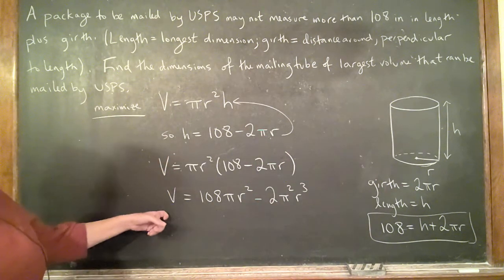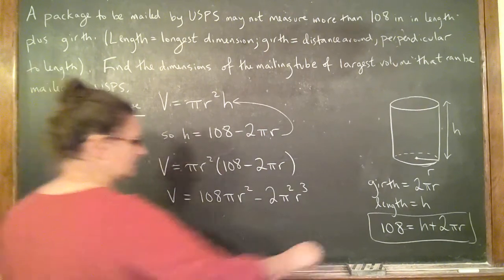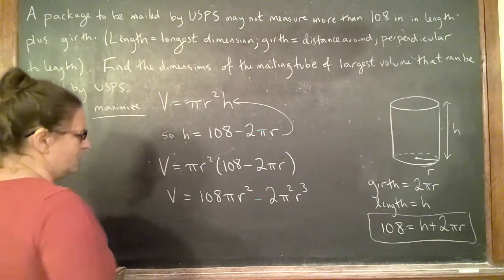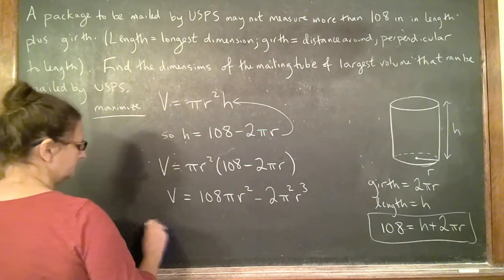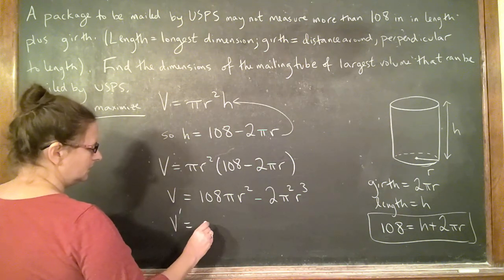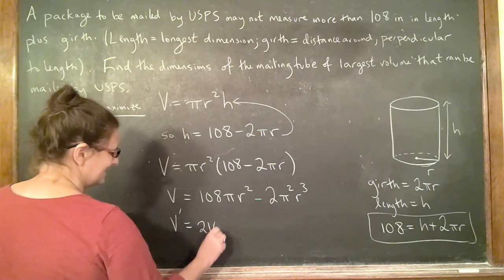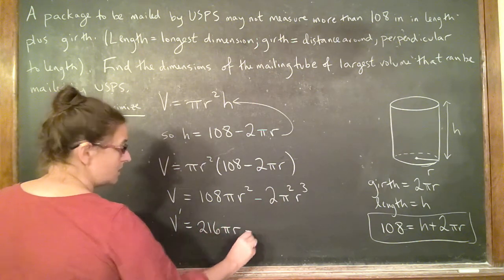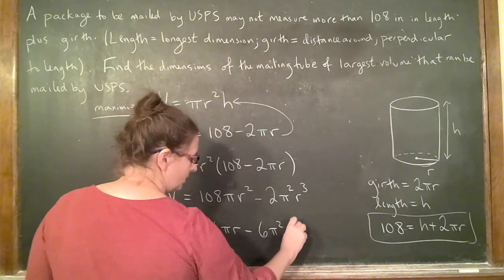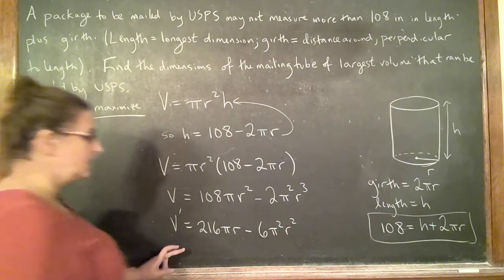I'm going to take the derivative of this. So the derivative is going to be 108 times 2, so 216 pi r minus 6 pi squared r squared. We have to set this equal to 0.